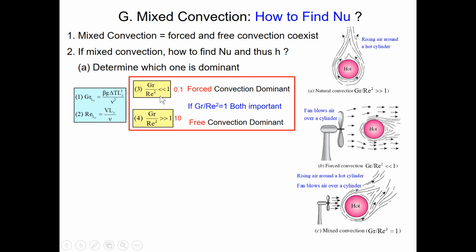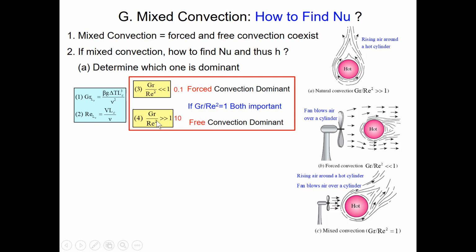We compare the Grashof number with the Reynolds number squared. If the ratio is much less than 1, like 0.1, the forced convection is dominant. You can treat it as a forced convection problem.